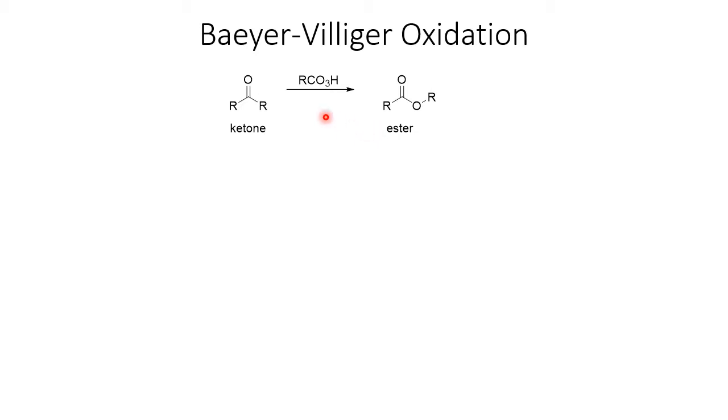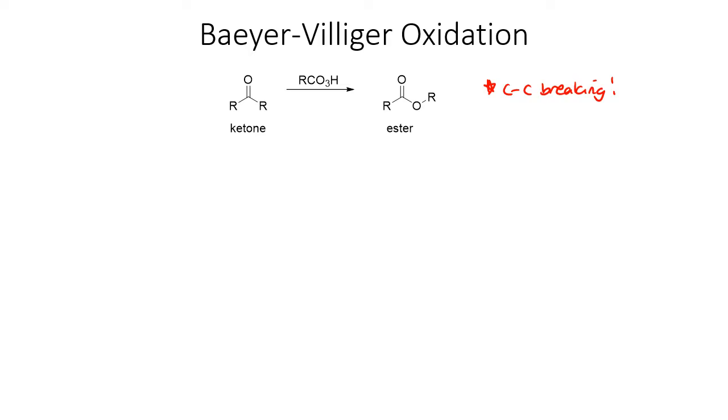So we're actually going to be breaking the bond between the R group and the carbon. So this is technically a carbon-carbon breaking reaction. Up until this point, the only other carbon-carbon breaking reaction we've learned has been ozonolysis. So now we have a new type of reaction that we can use in synthesis problems.